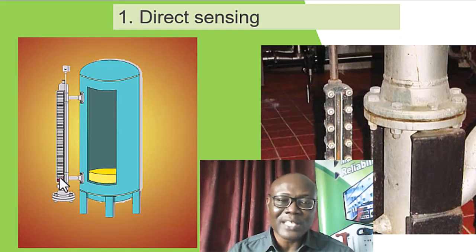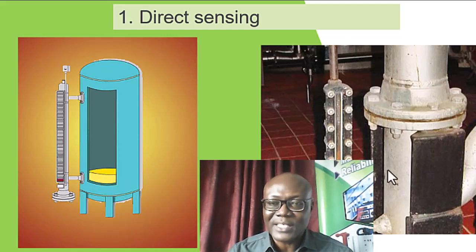So that will mean that this pointer or level indicator, its position will give us a direct reading of the position of the fluid in the vessel. That is what we are seeing here.